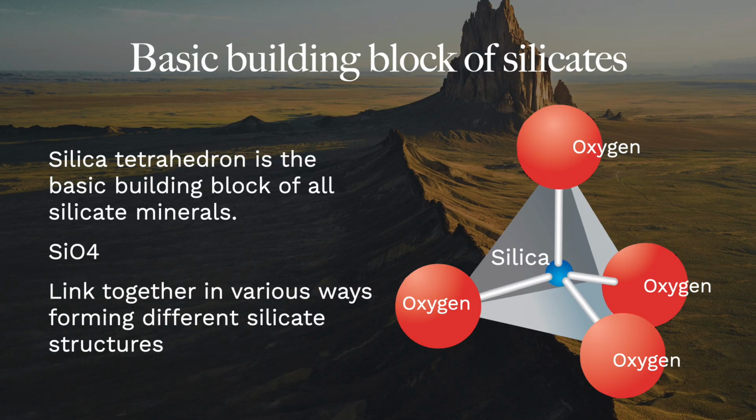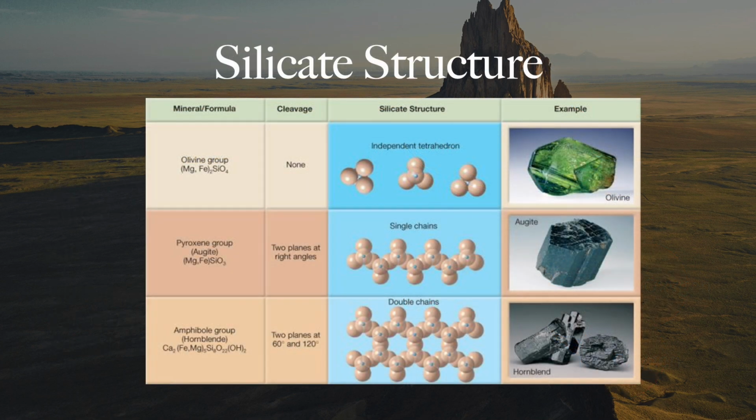So now I'm going to go over some of these different structures and then talk about what the mineral is and show you an example of that. Okay, so our silicate structures. The most basic kind we have is our olivine group, where we just have an independent or isolated tetrahedron.